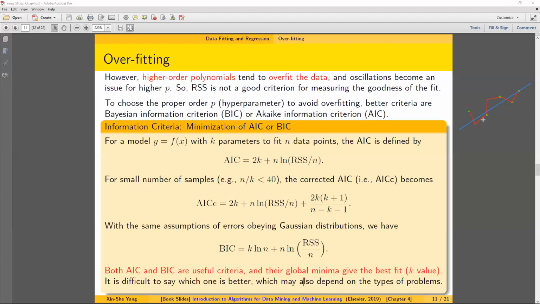What does it mean by overfitting? Because it fits the data too well, if we have a new observation, we are not able to estimate the corresponding y. Suppose that we have a new observation of x.